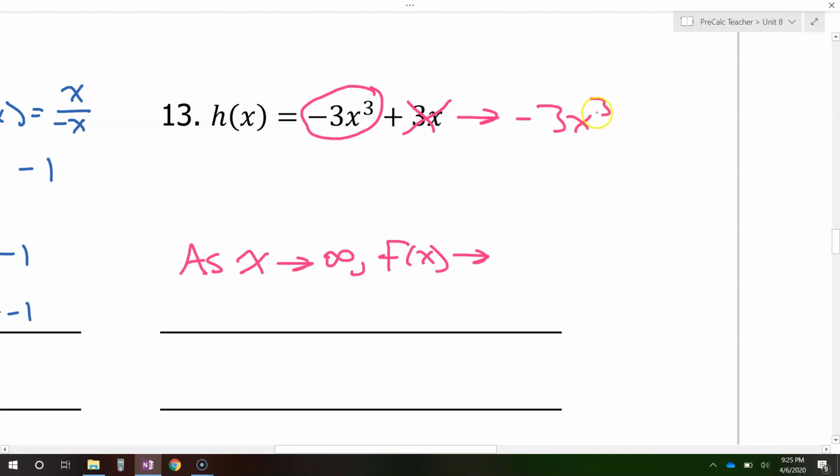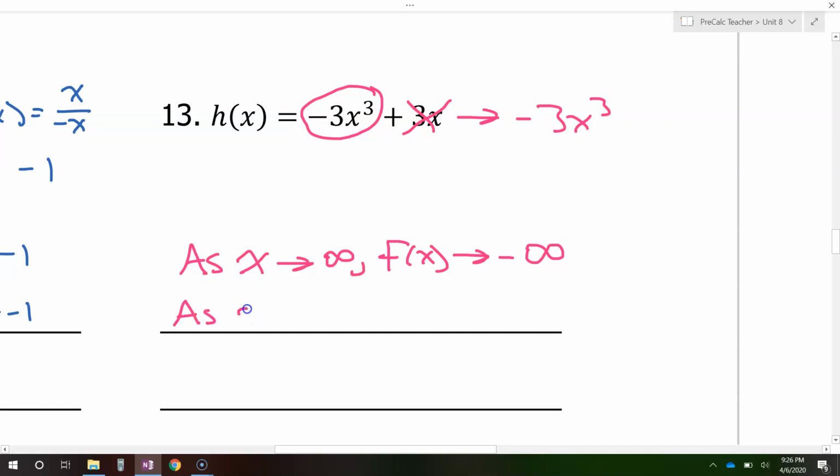I'm getting huge numbers like 1,000,000, but then it's getting multiplied by a negative number. This portion is positive because we're talking about positive infinity. But when you take a very large positive number and multiply it by a negative number, you get a very large negative number. So as x approaches positive infinity, the value of the function will approach negative infinity.